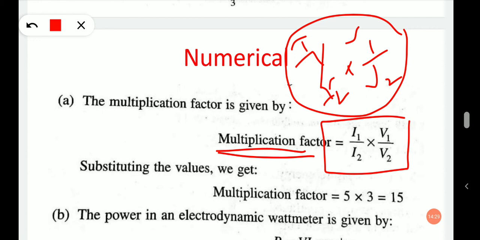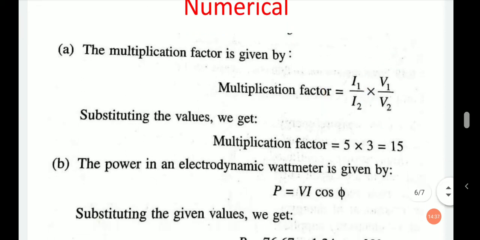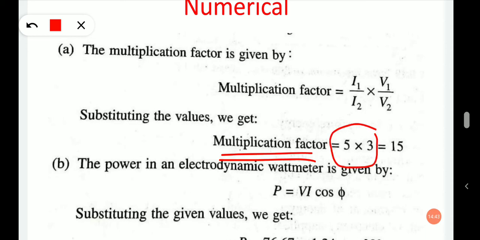So we know the values. This is the CT ratio, this is the VT ratio. So if we substitute the values, multiplication factor equals to, CT ratio is 5 and VT ratio is 3. So multiplication factor is 15. It is simple calculation. Okay. This is first part. Okay, the multiplication factor we have calculated, that is 15.